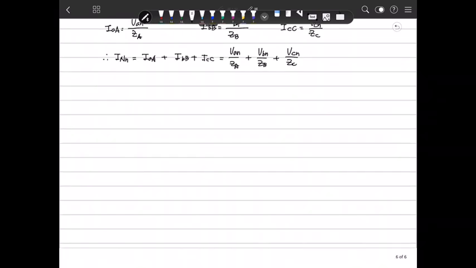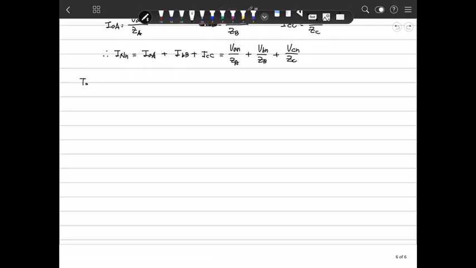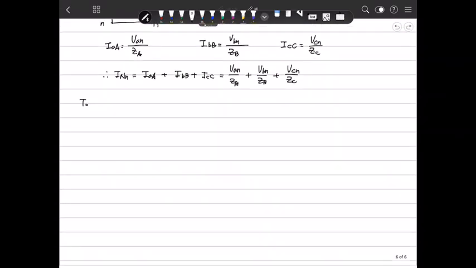So you need to calculate the total power. P is PA plus PB plus PC.